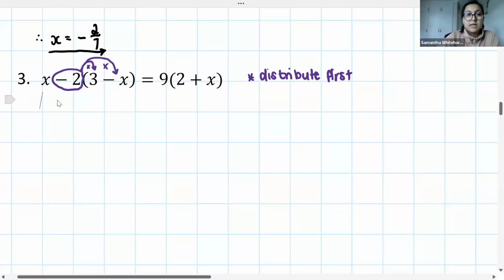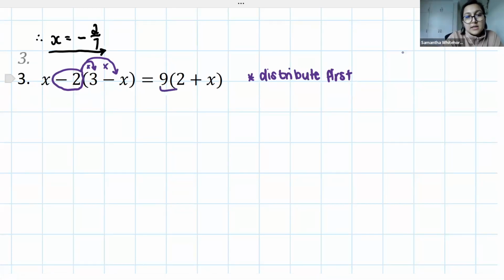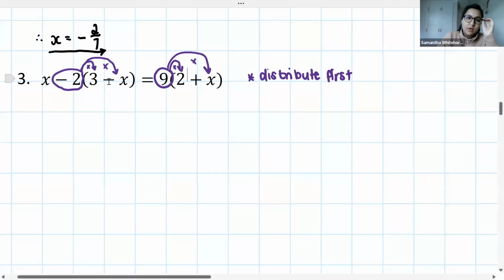It means multiplication. On the right-hand side of my equation, I can see that I've got 9 times the bracket. And so this +9 needs to be multiplied with the 2 as well as the x. All right, so that is the very first thing we do when we see brackets and when we see distribution. We need to deal with that first.